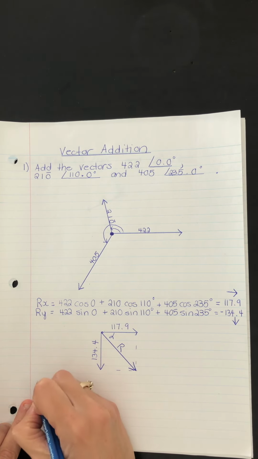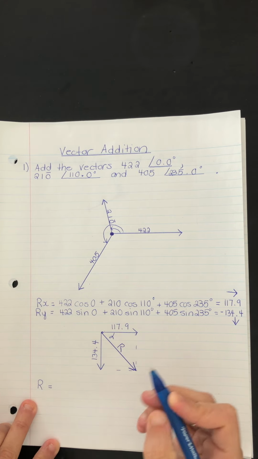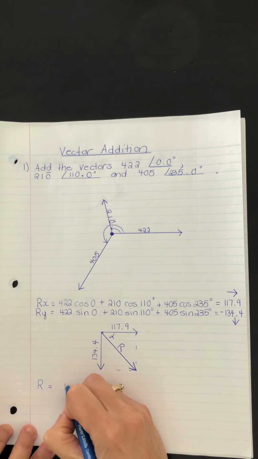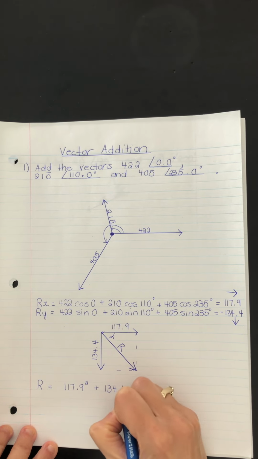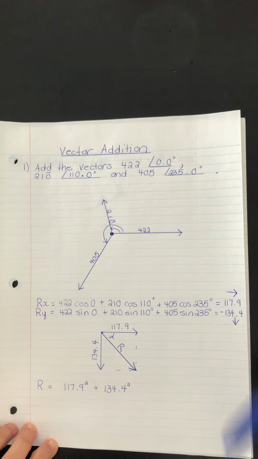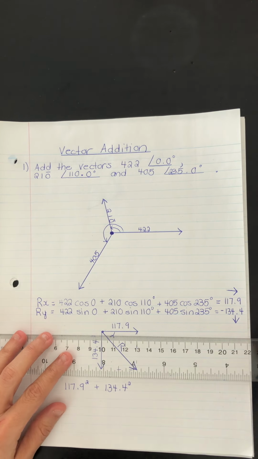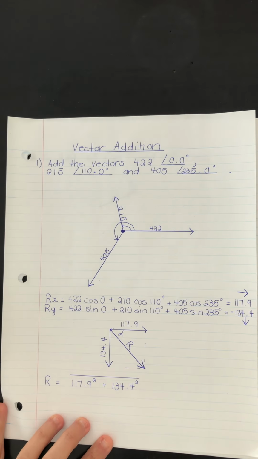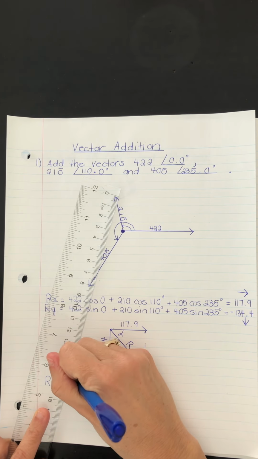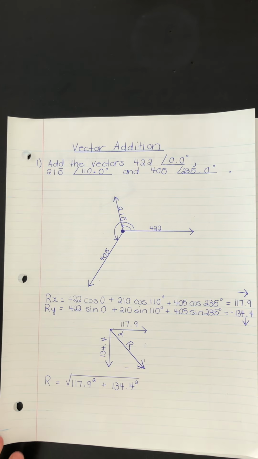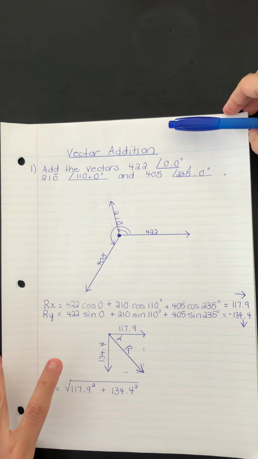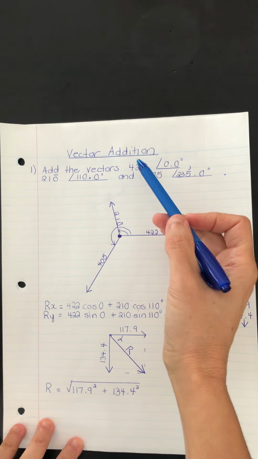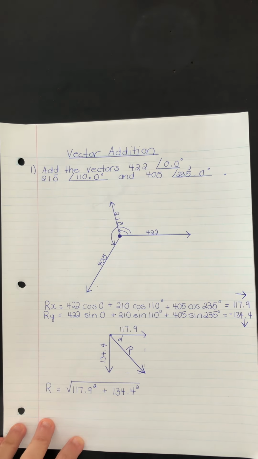So we simply can do R is the square root of 117.9 squared plus 134.4 squared. We'll do that with our calculator. And this is now a final value, and it's a side length, so it should be rounded to 3 significant digits.